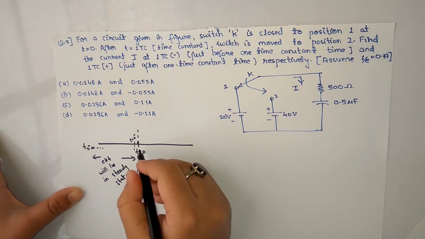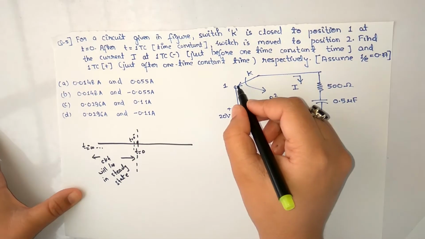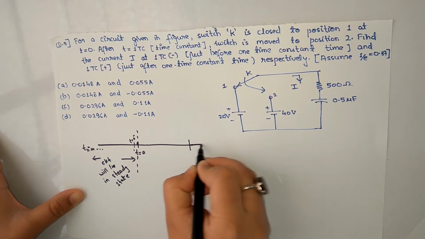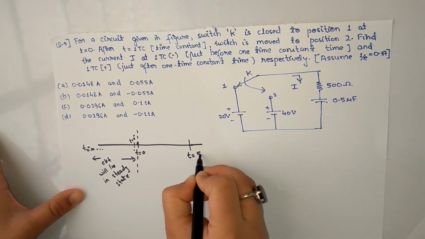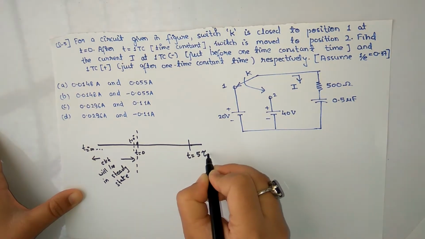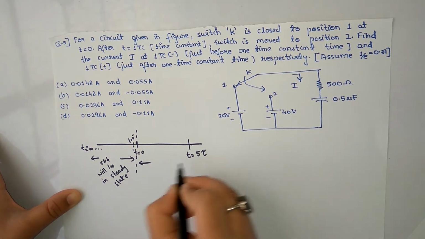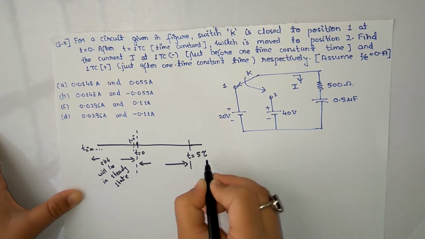Now as at t equal to 0 the switch is closed, the transient will begin, and the transient state will continue till t equal to 5 tau, where tau is nothing but the time constant of the circuit. So this is the state from t equal to 0 till t equal to 5 tau.